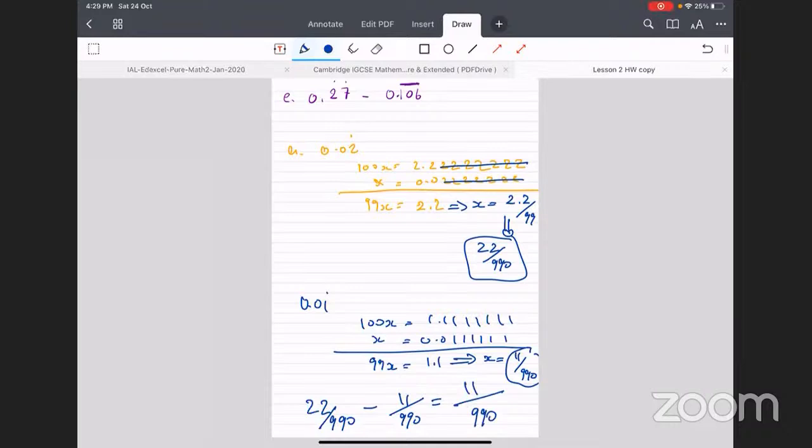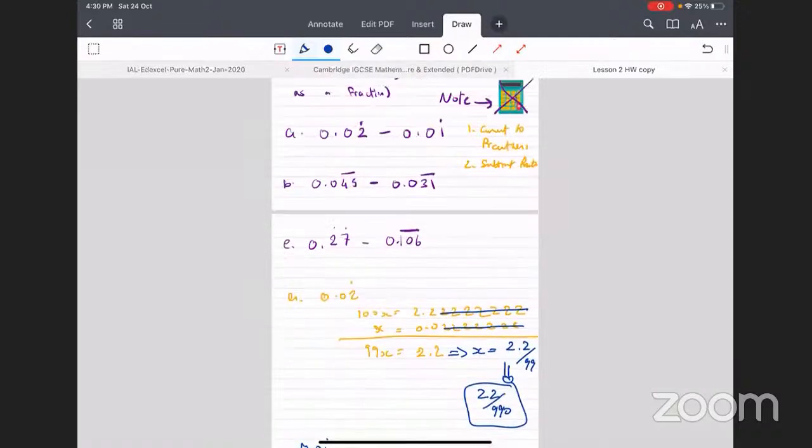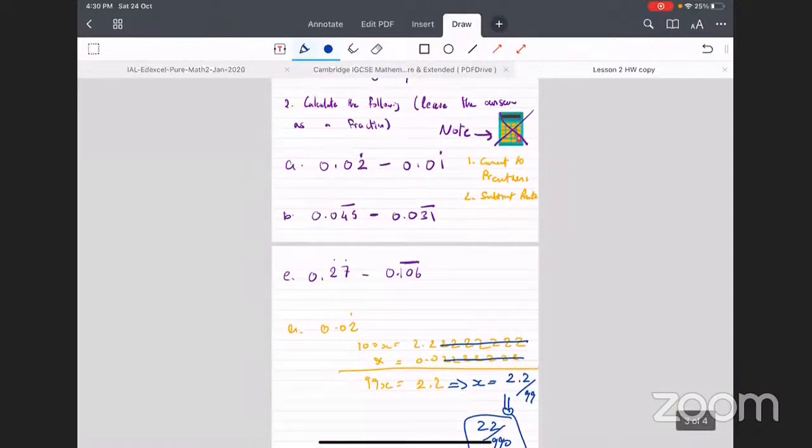So it's 11 over 990. So you understood how I solved it. Basically, you convert the recurring decimals to a fraction, then subtract the two fractions. Did you get it?